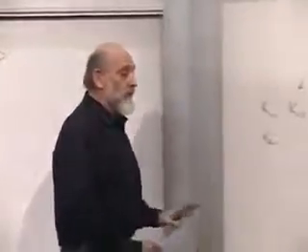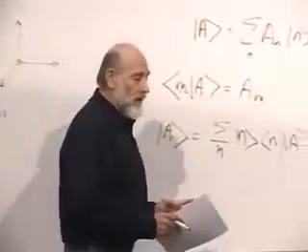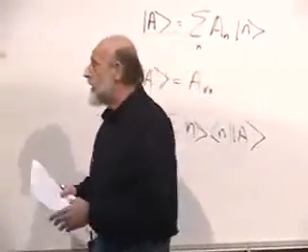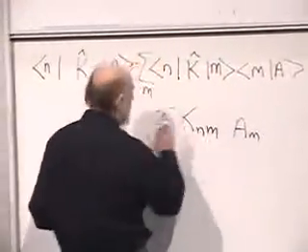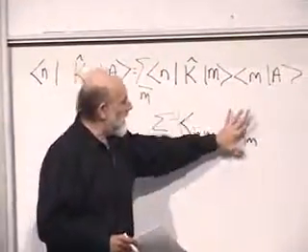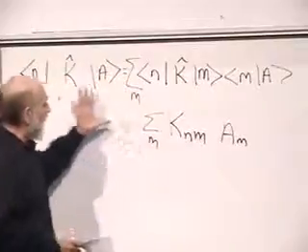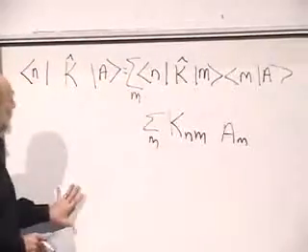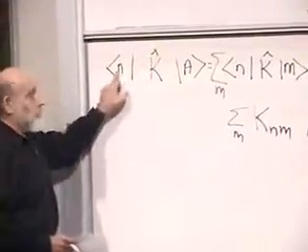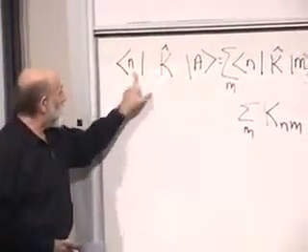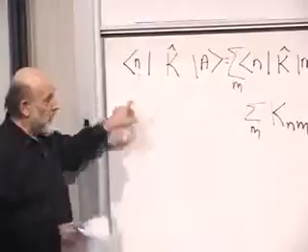I assume that everybody here has done a little bit of homework and learned a little bit of linear algebra. This is simply another way of writing the matrix K times the column vector A to get another column vector. This is a column vector because it's a vector whose components are labeled by n.